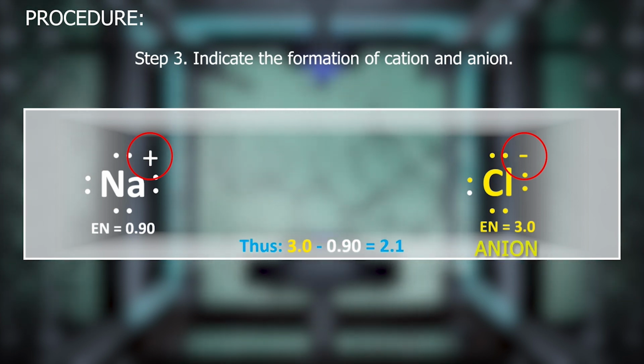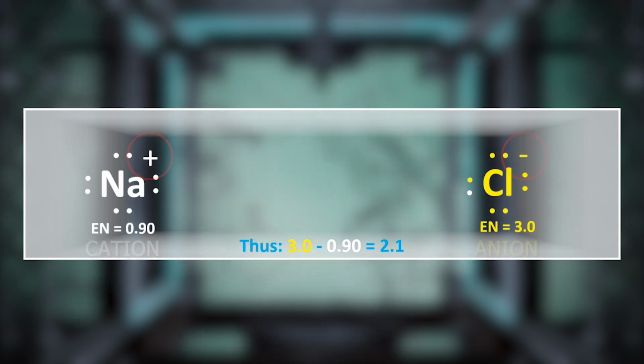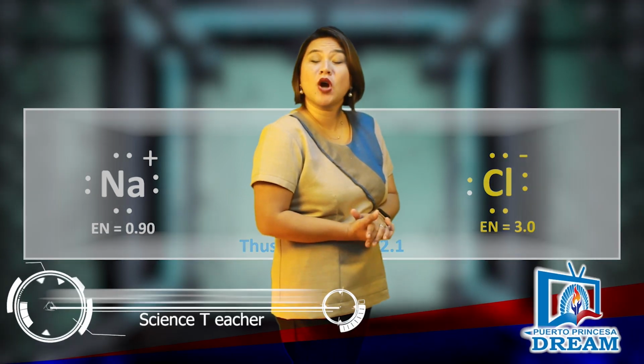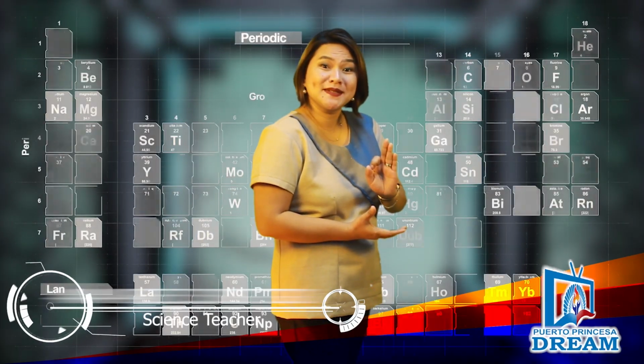Again, in sodium chloride compound, sodium transfers or loses electron and becomes positively charged, a cation, while chlorine, which receives or accepts electrons, becomes negatively charged, an anion. Were you able to follow and remember all the 3 steps?